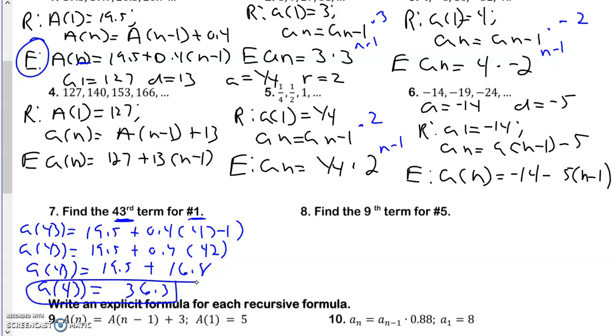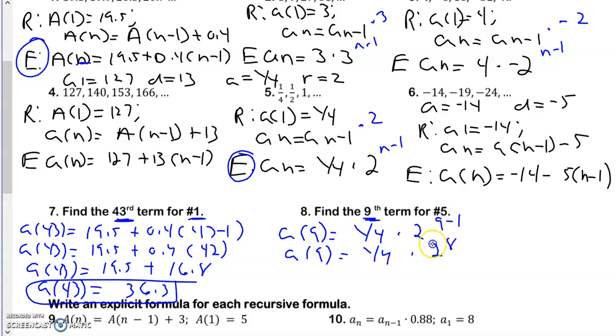Taking a look at the next one. So I'm using number 5. And I always use the explicit formula. The recursive formula doesn't do it, but I want the 9th term. So for me, I'm going to do A of 9 equals 1/4 times 2 to the 9 minus 1. So A of 9 equals 1/4 times 2 to the 8th power.